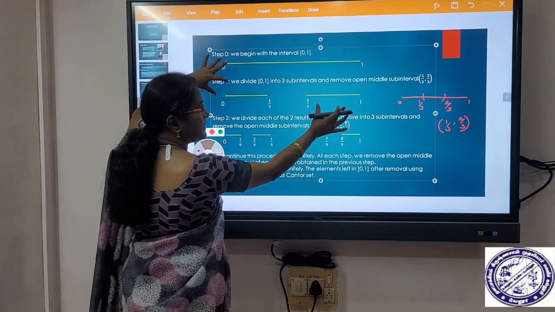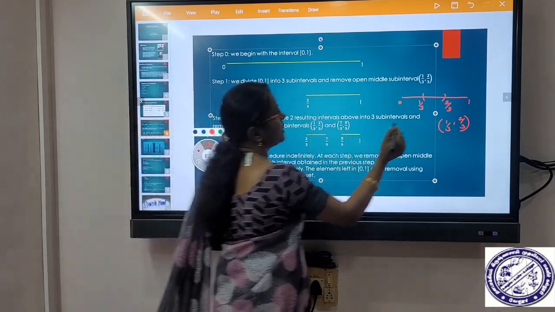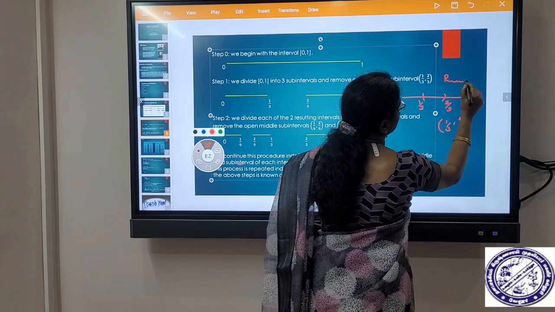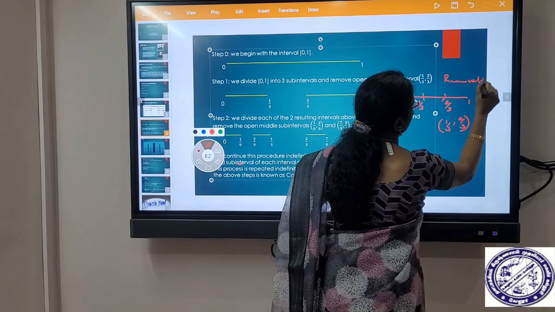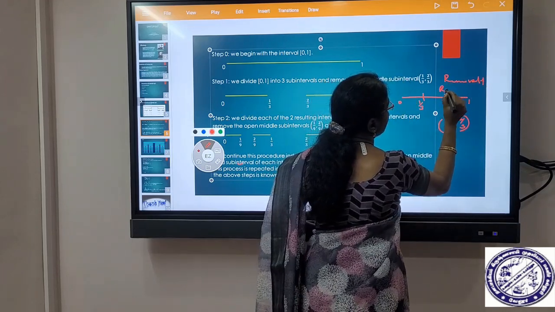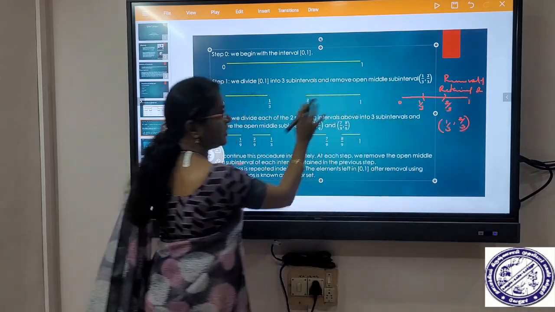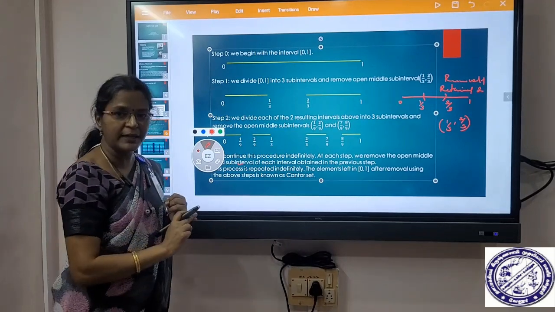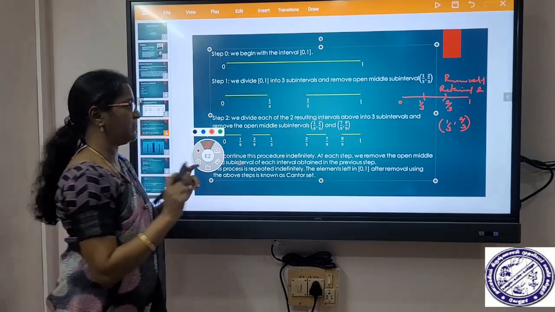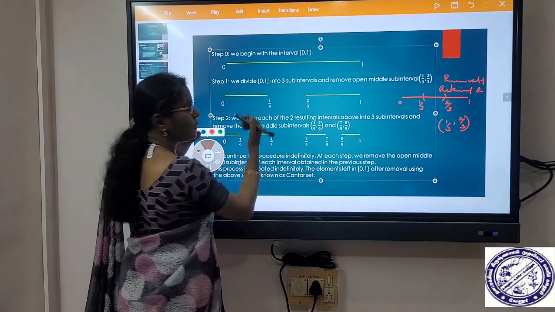This is how we retain the intervals. In this step, we removed one interval and retained 2 line segments. That is the first step. We removed one interval and we retained 2 intervals. And we proceed with the next step.